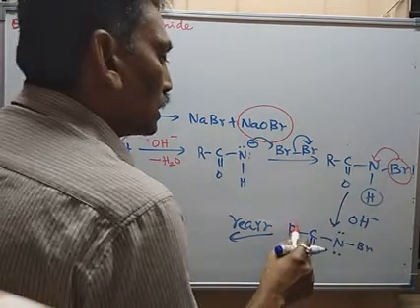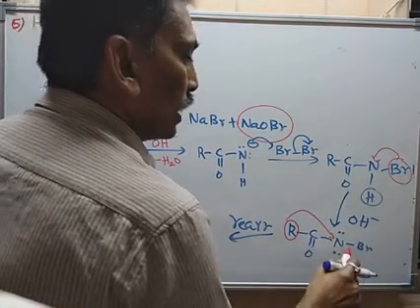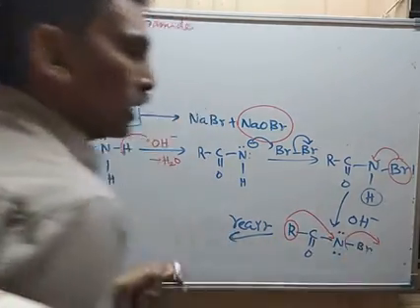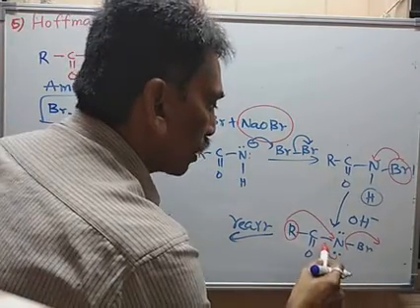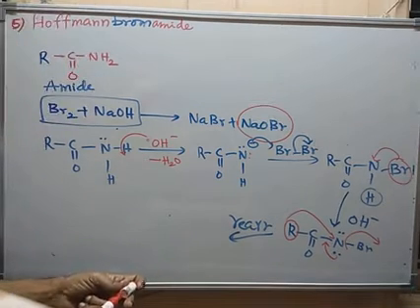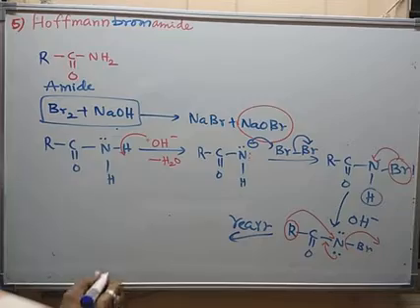How? This alkyl group is shifted to nitrogen. At the same time, Br with bonding electrons is removed, and these electron pairs are dispersed between carbon and nitrogen.